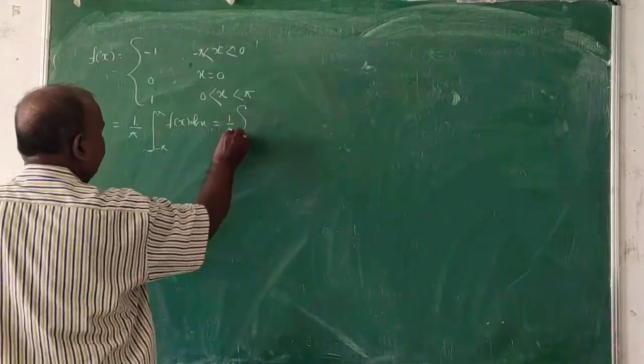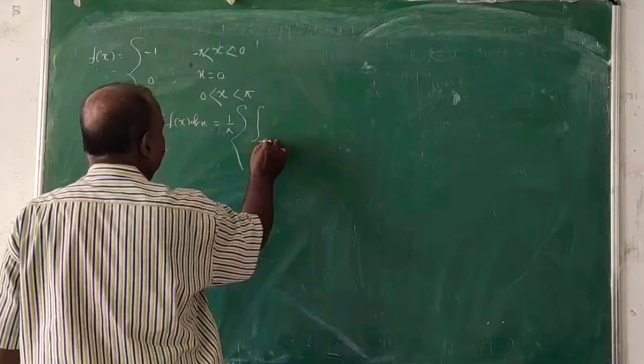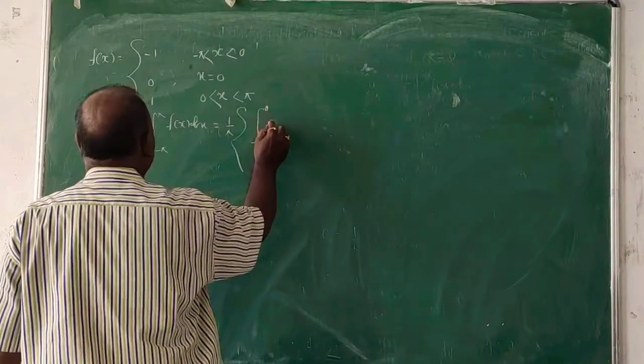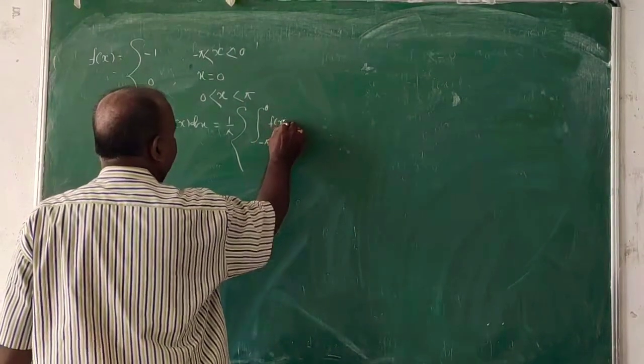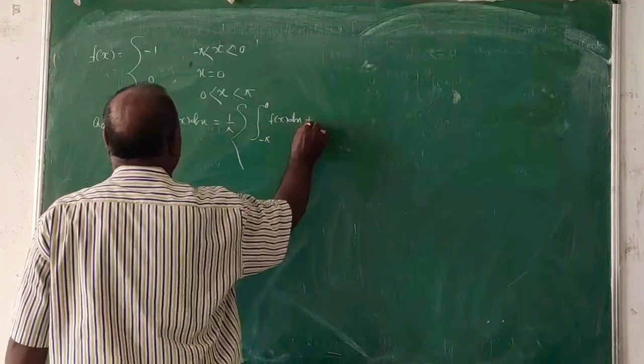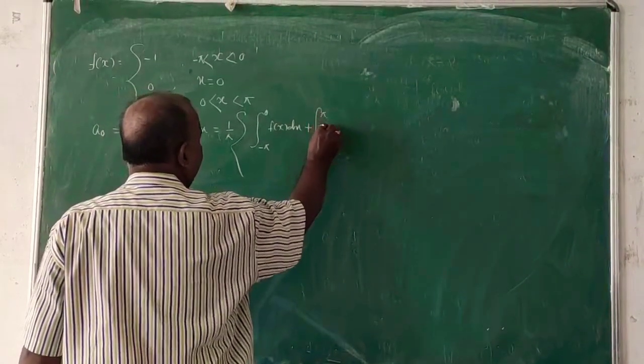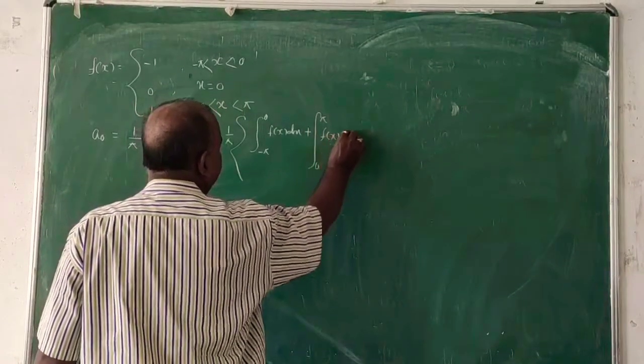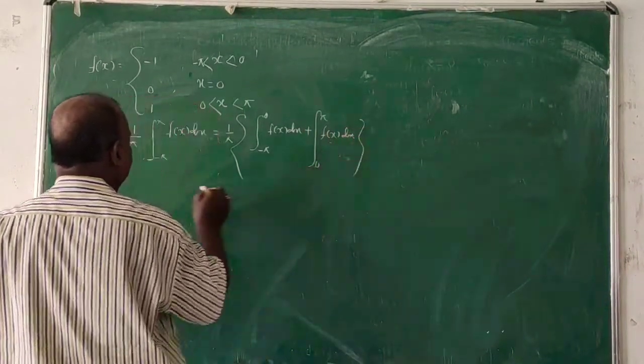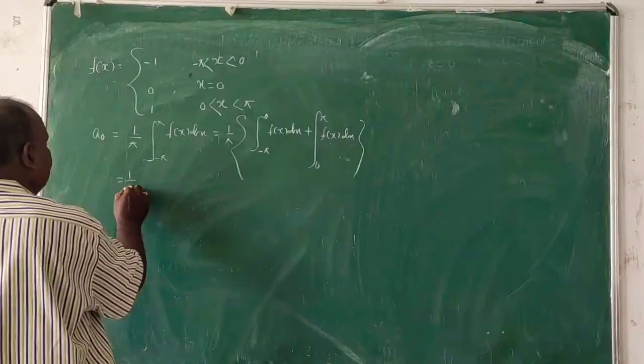This is 1 by pi, the integration from minus pi to 0 of f of x dx, plus 0 to pi of f of x dx.